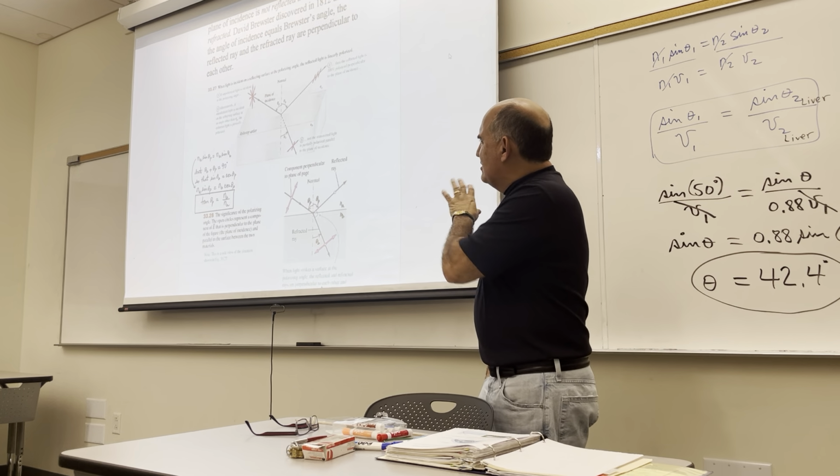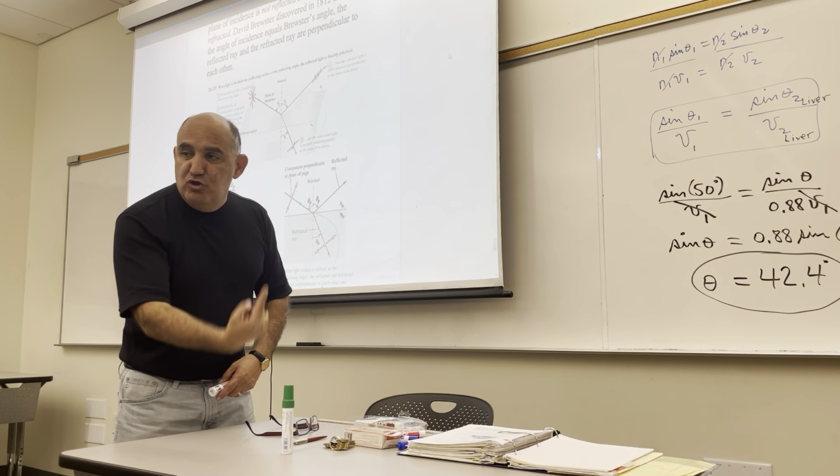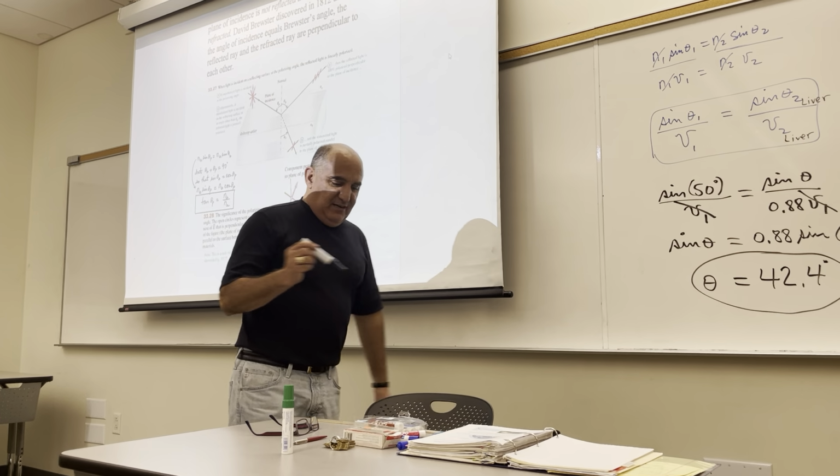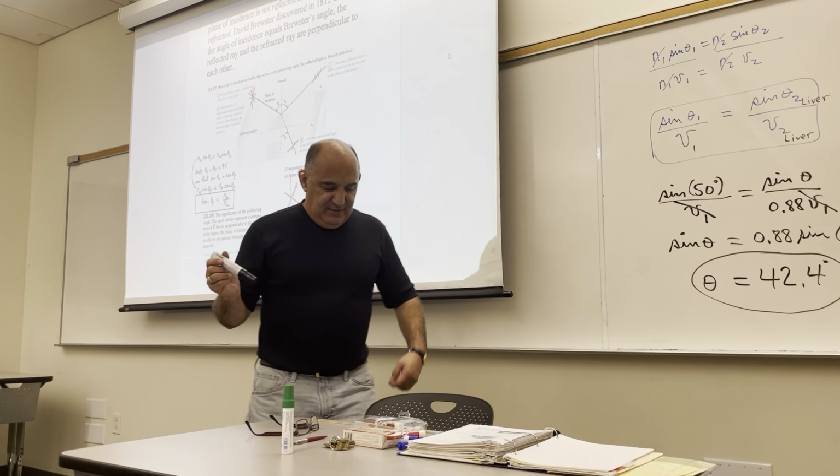Right? And if I shine a beam of light, let's say like this, if I had brought my laser pointer, it's in my office, but if I shine a beam of light like this, remember that that would be the normal to the surface. And if the incident light comes in like this, the incident beam and the normal define a plane.